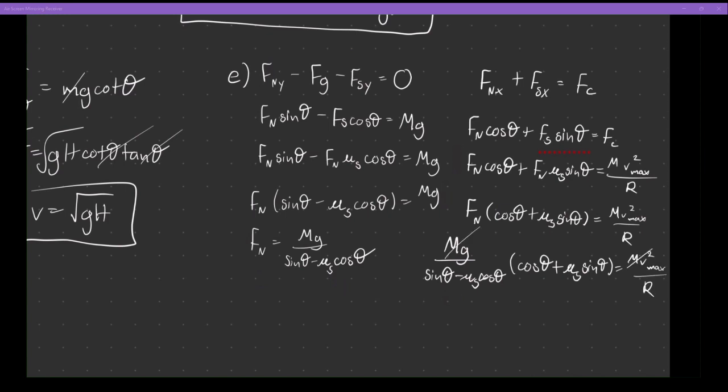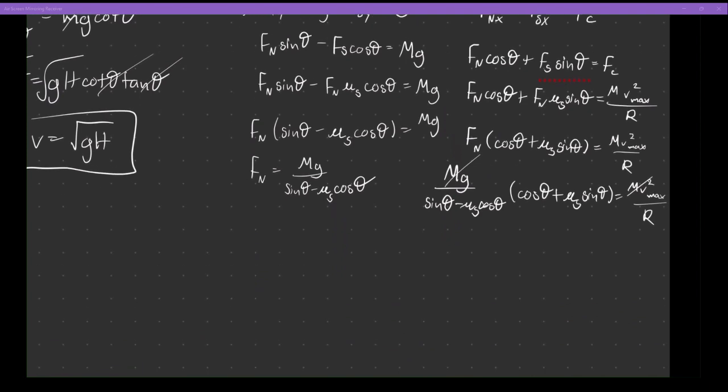M cancels. So now I'll multiply the r over, so I get rg times cosine theta plus mu s sine theta, all of this over sine theta minus mu s cosine of theta, is equal to v squared max.